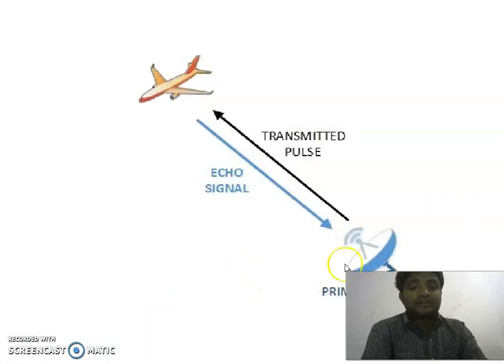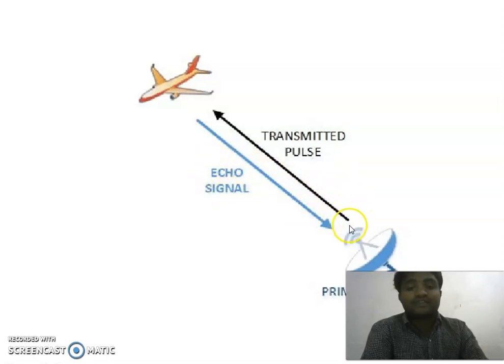This is the second example. The first one is the radar part, and the second part is the target. First we send an electromagnetic signal, and whenever it hits the target, some of the energy is reflected back. That reflected energy is called echo.